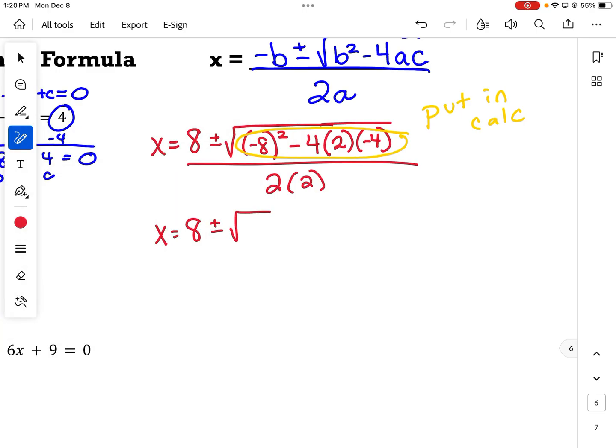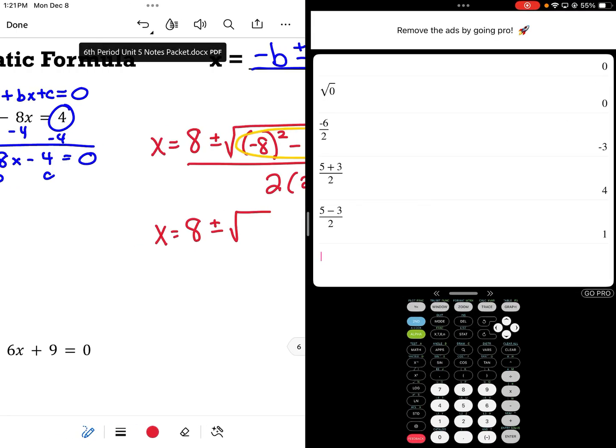So if you don't have your calculator, come grab it now. 96. So I'm gonna show y'all that in the calculator.